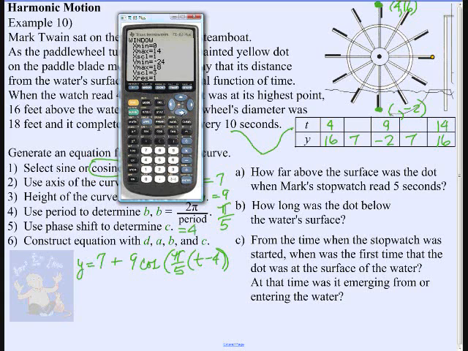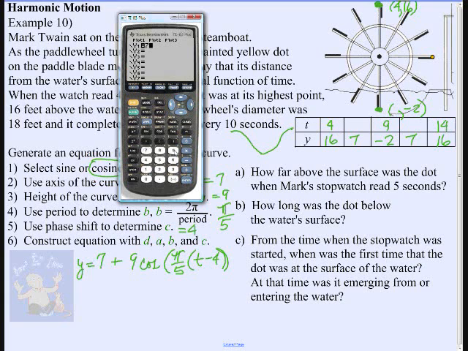We'll leave our scale at 1. Our minimum for our y is going to be -2. Our maximum is going to be 16. And why don't we do a scale of 1? Now we'll put our equation in, clear this old one out.